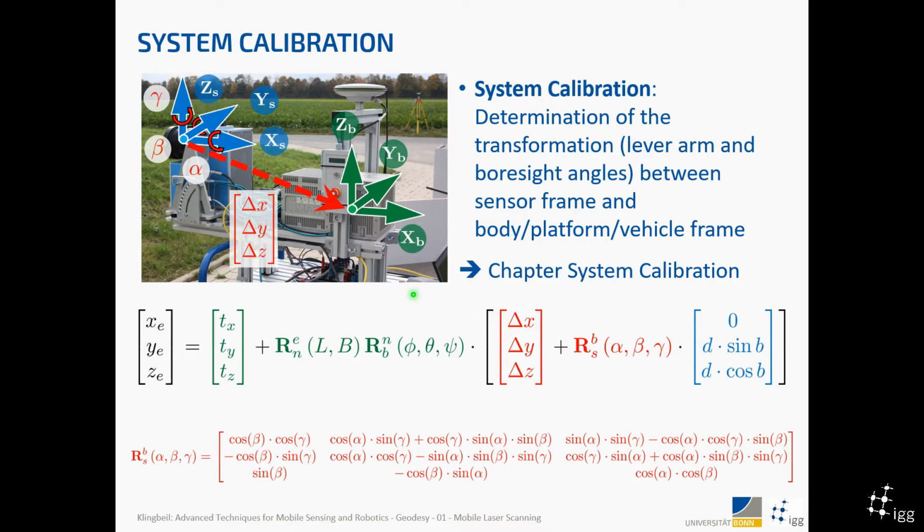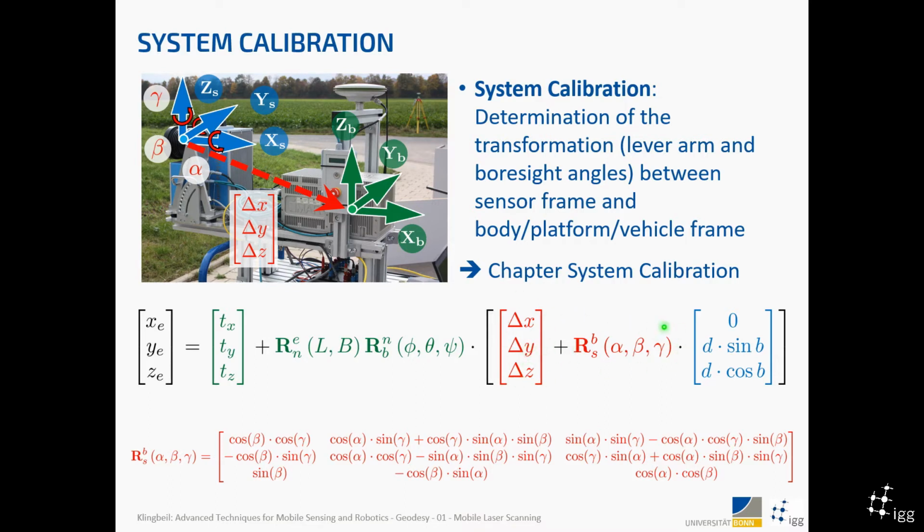If we go back to our equation, this was our object coordinate in the sensor system, and in the next step we want to have it in the body system. That means I first have to apply a rotation between the sensor and the body system. This rotation is given by those 3 boresight angles, and then apply a translation between the sensor system and the body system, which is called the lever arm.